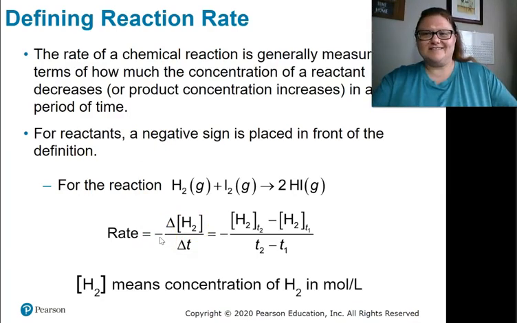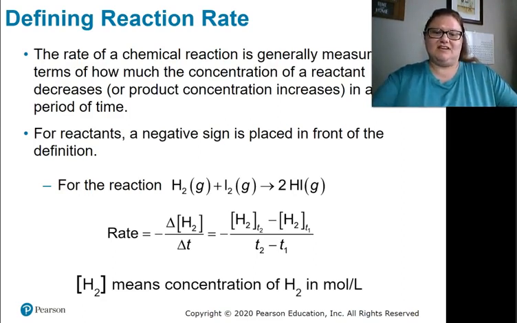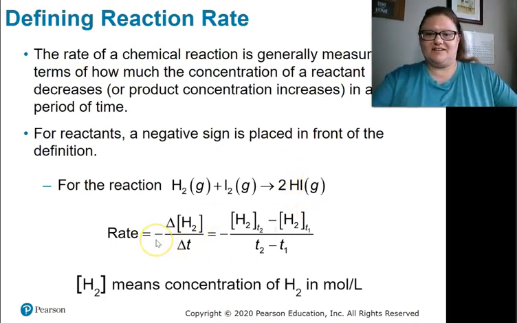Why do you think that is? Well, it's because it's a reactant, and so it's going to decrease as time goes on. We're making a product. And so with this reaction, looking at the reactant losing concentration, we're decreasing it. That's why we have a negative sign in front. If we were talking about the formation of a product and its rate, we would not have that negative sign.